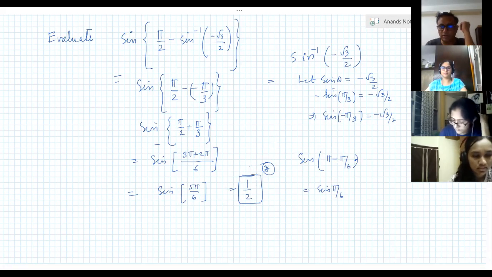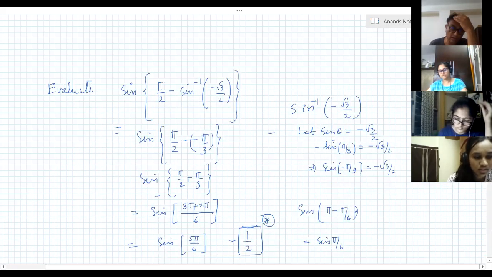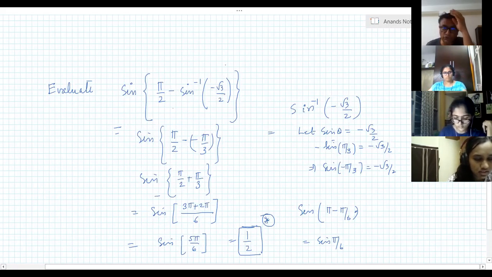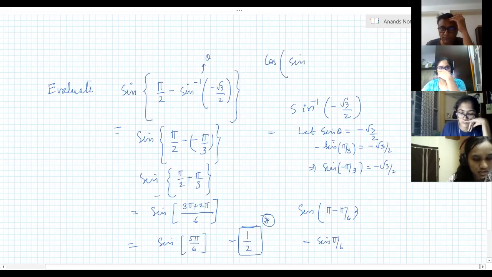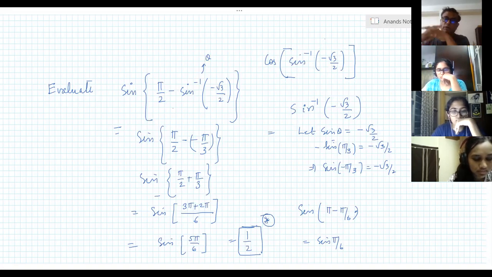You could have done it in a different way, but that I will teach you later. Where you have sine 90 minus theta, you know sine 90 minus theta is cos theta. So if this fellow is theta, you have to find cos of sine inverse of minus root 3 by 2. You can do this, but you need a little bit more inputs for this, how to convert from one to the other.